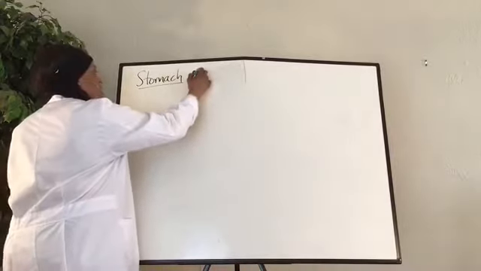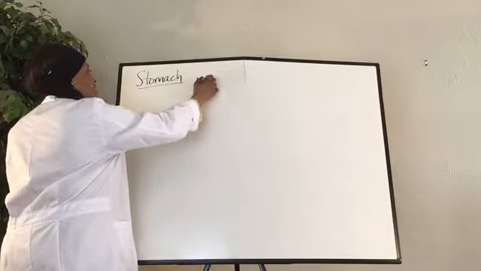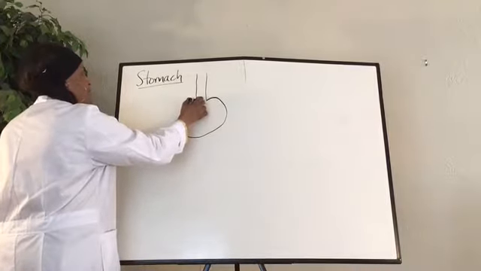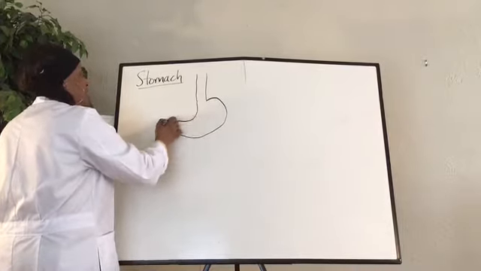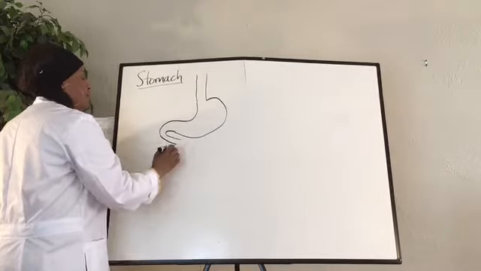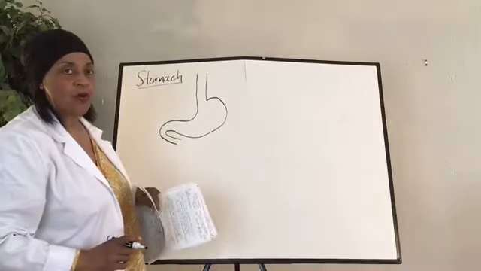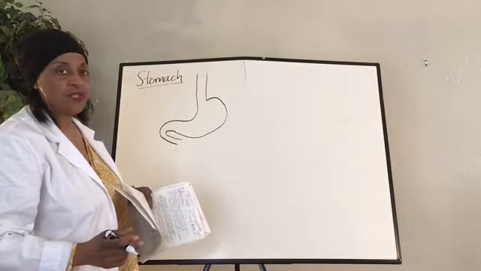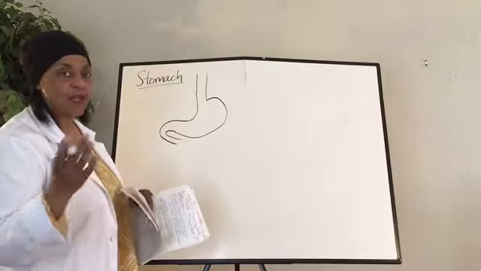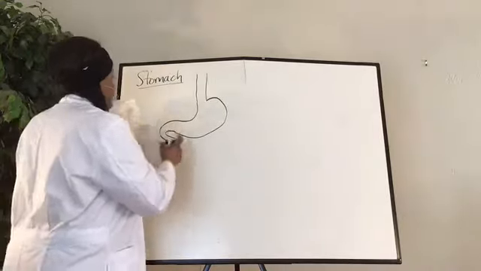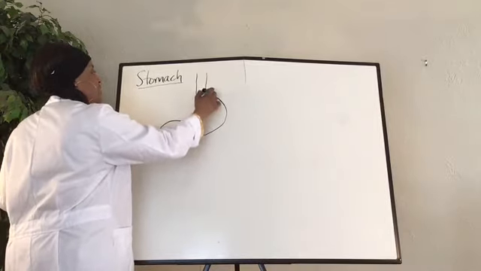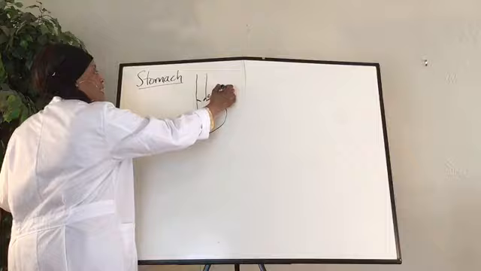So I'm going to draw a little bit of the esophagus here, and then put the stomach here. Okay, we'll just draw a little bit of the stomach, and I'll draw a tad bit of the lower intestines. That's called the duodenum. Some people pronounce it duodenum or duodenum. Either way, it's okay. So here is the stomach. I'm going to put the lower esophageal sphincter here so that you can remember it.